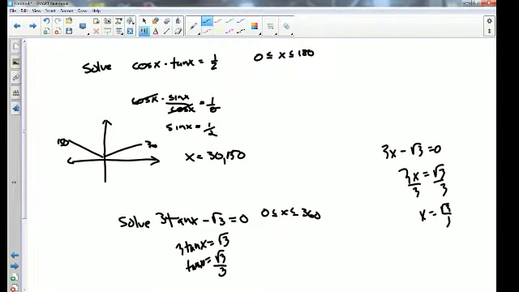Then the trig comes in, whereas tangent is root 3 over 3. Remember, the tangent is y over x.